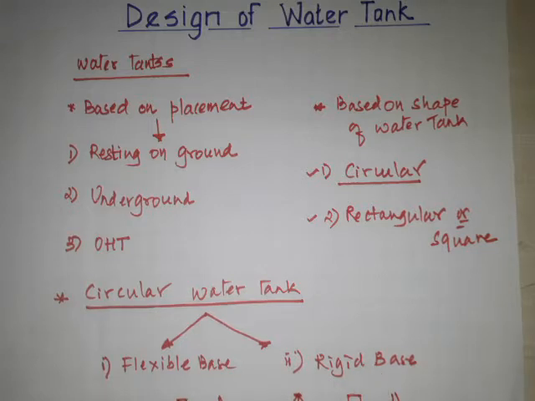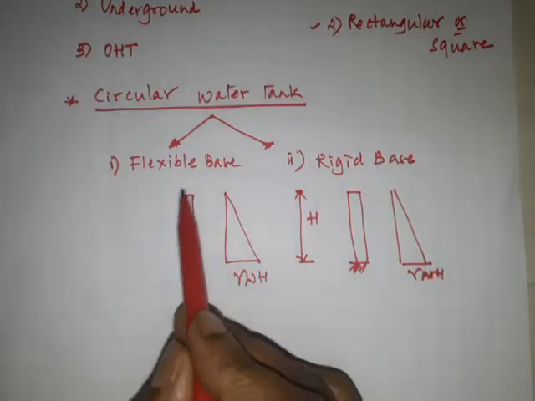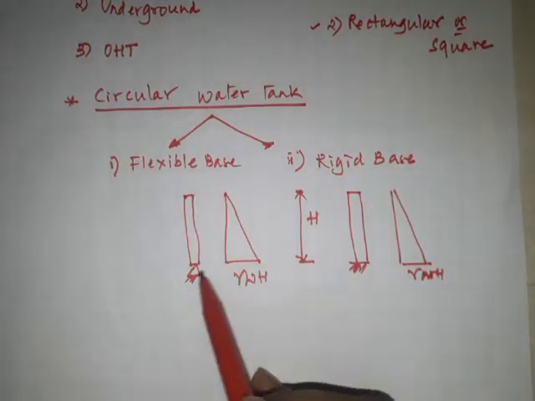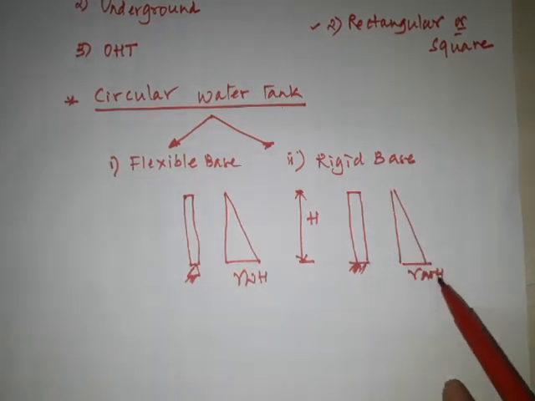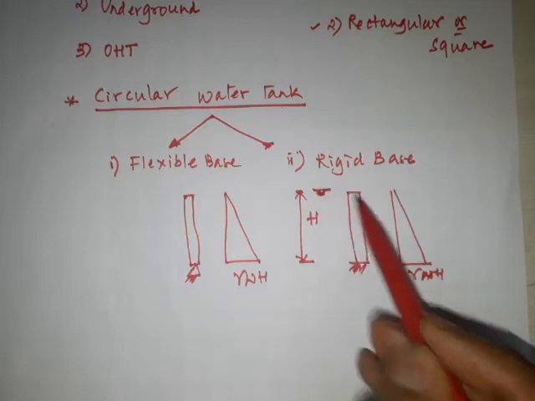It depends on the connection you provide between the vertical walls and the base slab, whether it is rigidly connected or flexibly connected. It has to carry the same water pressure, gamma W into H, for a height of water H.